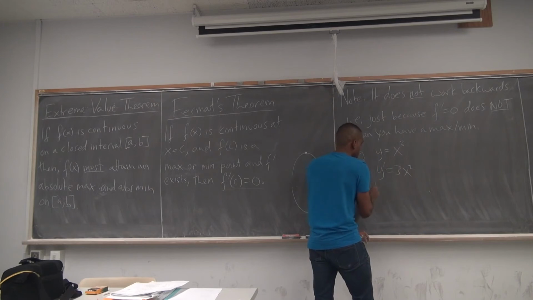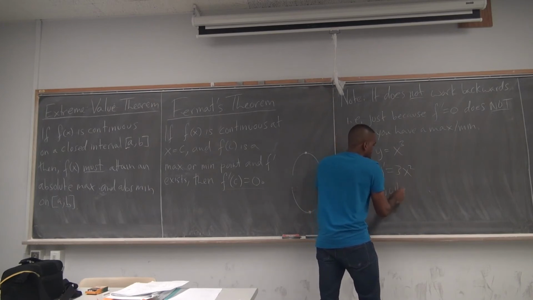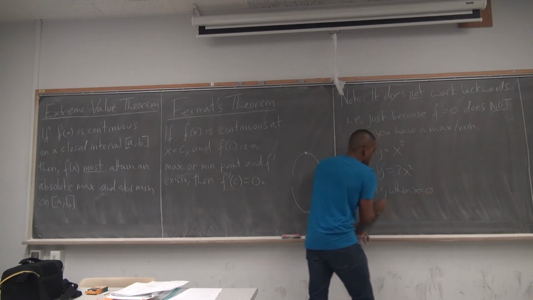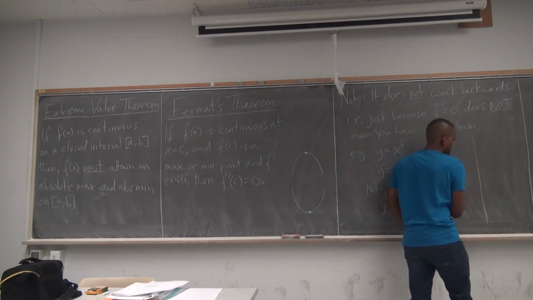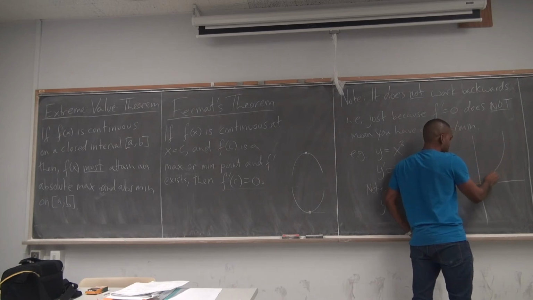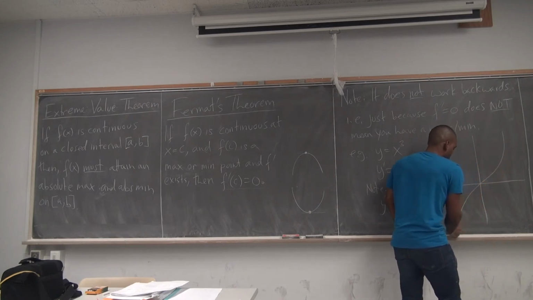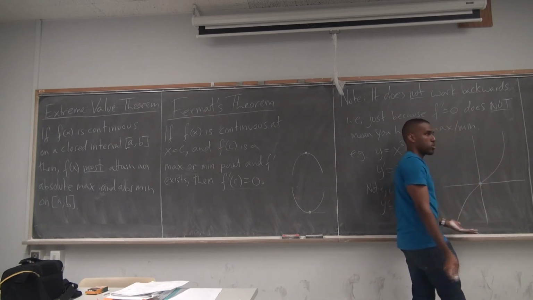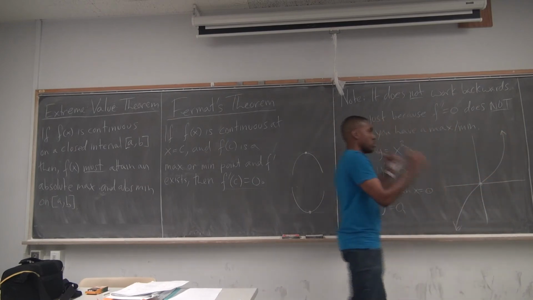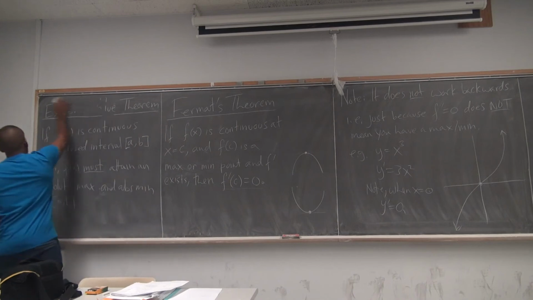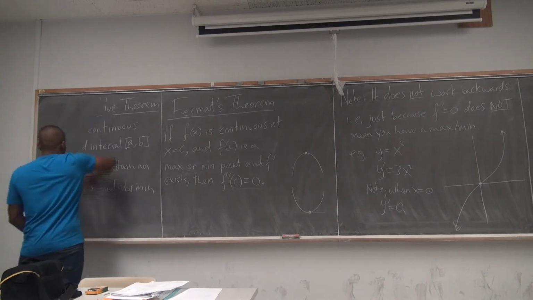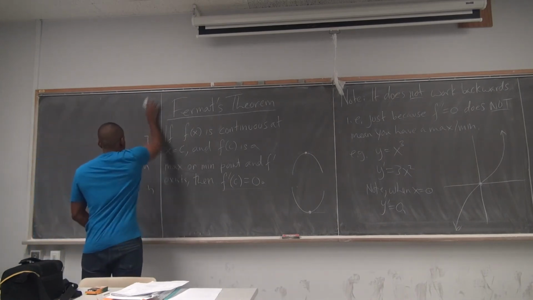Note, when x equals 0, y prime equals 0, the derivative is 0 at x equals 0. But if you know the graph of y equals x cubed, at 0, you don't have a maximum or a minimum. So it doesn't work backwards. That reason is why we're going to have things like the first derivative test and second derivative test.